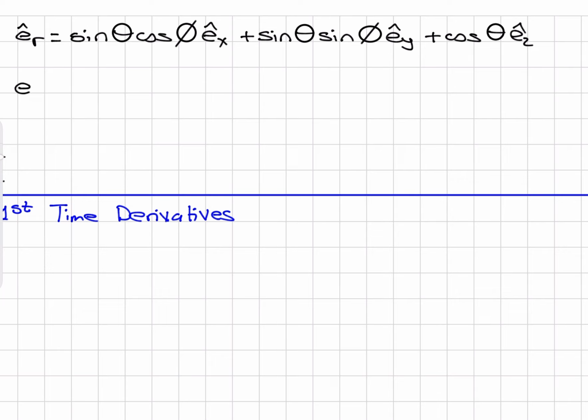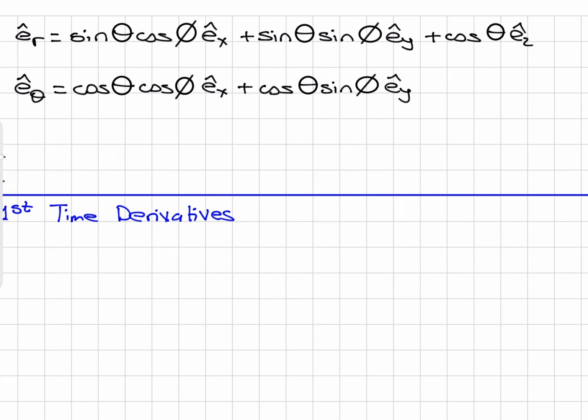Now the polar unit vector e theta hat, that was cosine theta cosine phi in ex hat direction and cosine theta sine phi in ey hat direction.